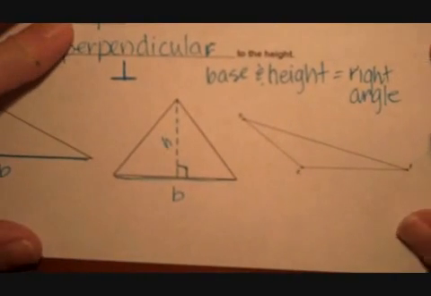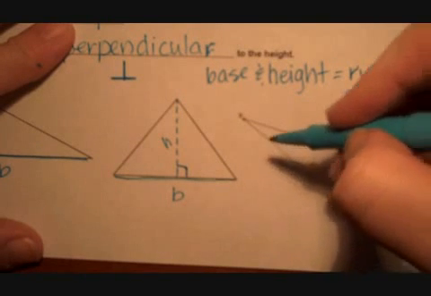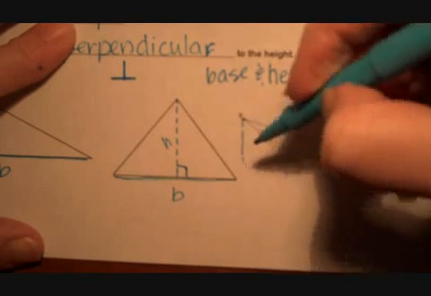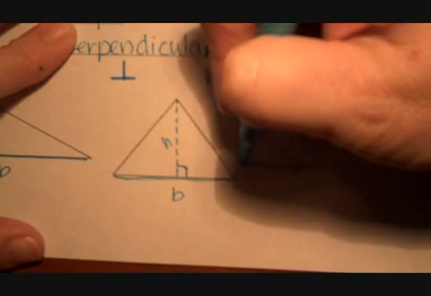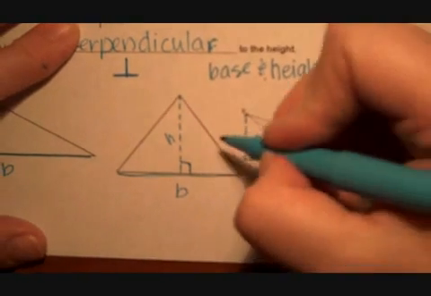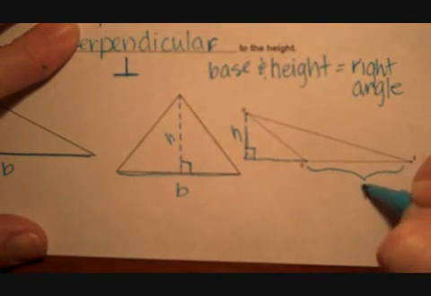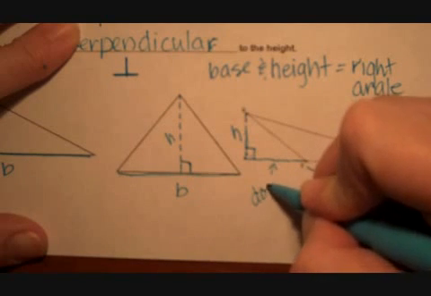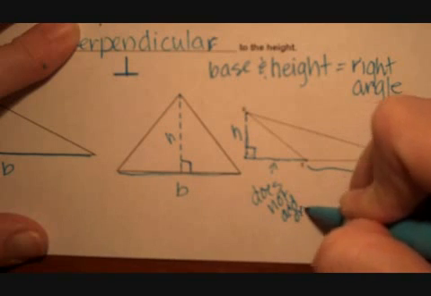So let's look at this guy. There's no point for me to drop it down to that point, so we actually extend and we drop it here. And if I do it kind of correctly, it is here. Those are dotted lines. This is our height, and this part is our base. This does not get added onto the base length.